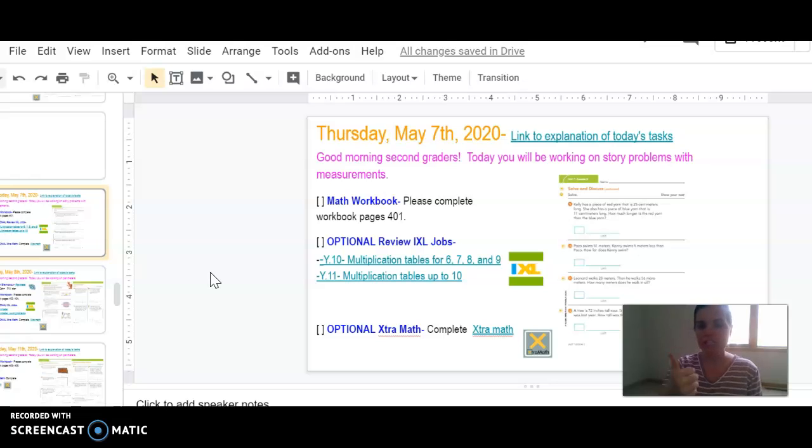You're going to count by 6, 12, 18, 24 when you're counting and put up a finger each time. And then you have Y11 multiplication tables up to 10. Again, make sure you have your count by sheets out in front of you to help you. And then you can also do extra math to practice your simple addition and subtraction if you would like.